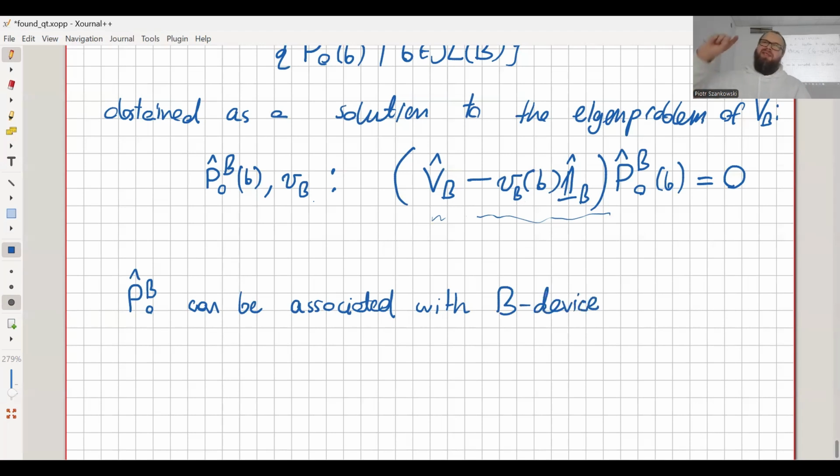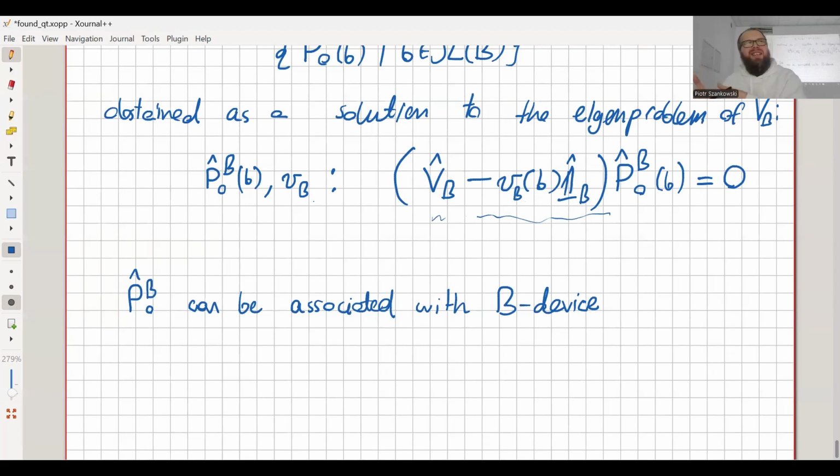Projectors can correspond to measurements of some observable, capital B, that's performed by deploying some B device that measures in subsystem B only, okay? And if we can do that, then we can associate bi-probabilities with these observables. Actually, with this one observable, right?